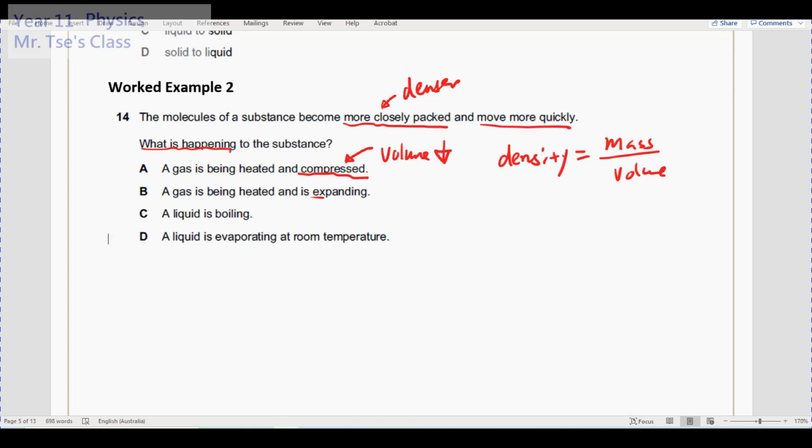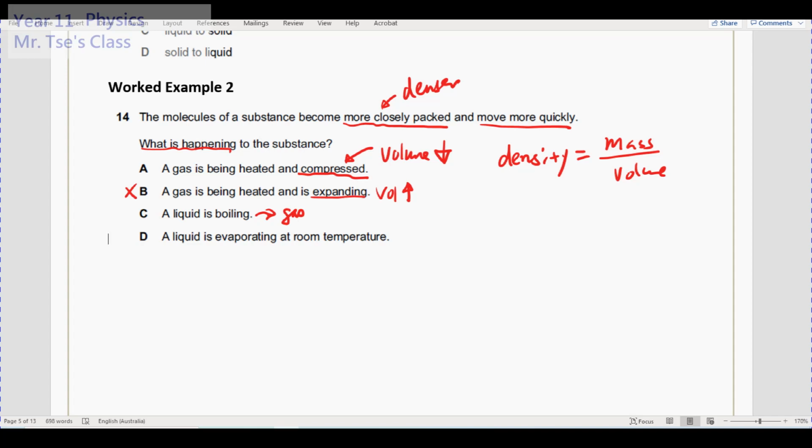Being heated and expanding. Oh, sorry, that's not the one we need. So B is not the answer. Liquid is boiling. This one is really interesting. Because of boiling, it becomes gas.